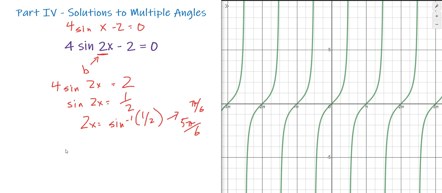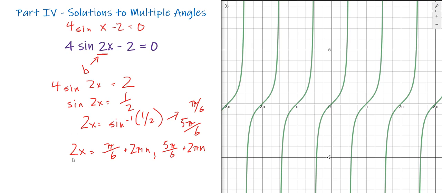And then I now have my general solution that I can put together. I know that 2x is going to be equal to pi over 6 plus 2 pi times n, or 5 pi over 6 plus 2 pi times n.